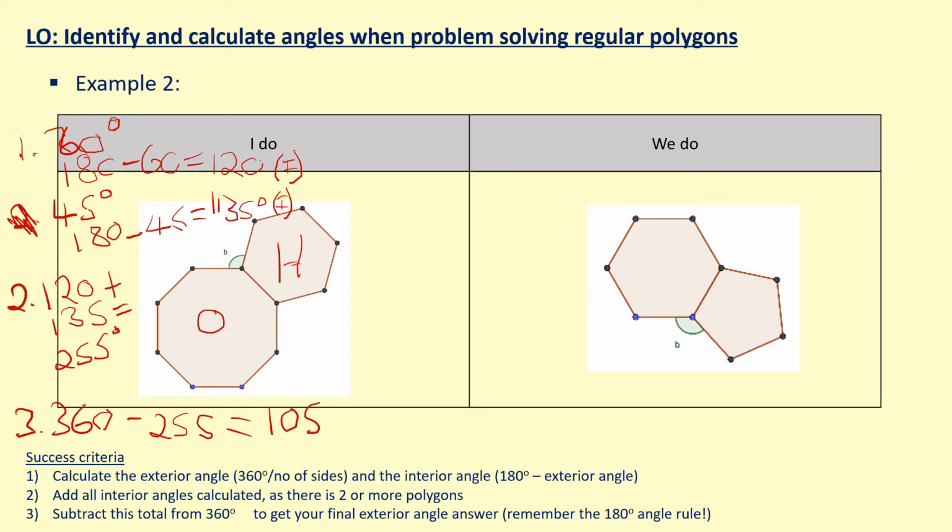And that would be our final answer for the labelled exterior angle of B. All you've done is a slightly different calculation, an extra bit of work in step 1. Right, pause the video, please have a go at the redo. Look at what shapes you have and do the 2 calculations in step 1. Follow the success criteria as you've done before. Press play when you're ready for the answer, please.